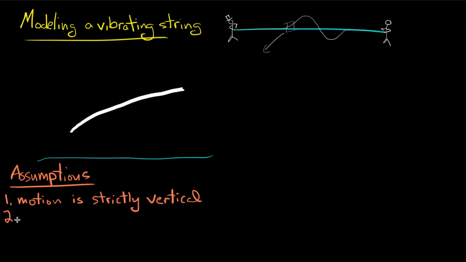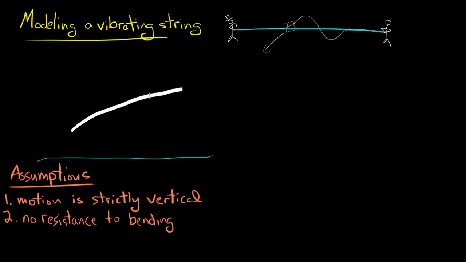So no resistance to bending. Another way to say this is to say that the material is perfectly flexible. That's what you'll see in some textbooks, perfectly flexible. There's no resistance to bending, so what forces are acting on this little segment of string?